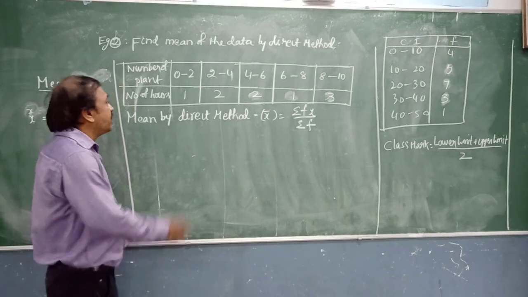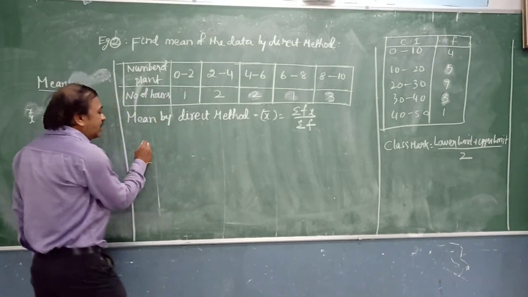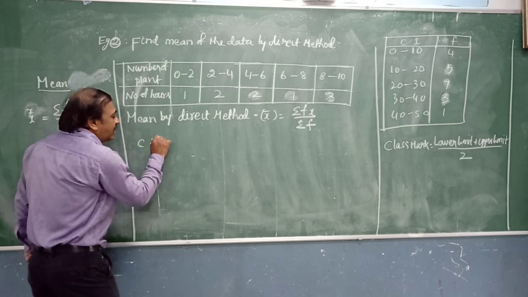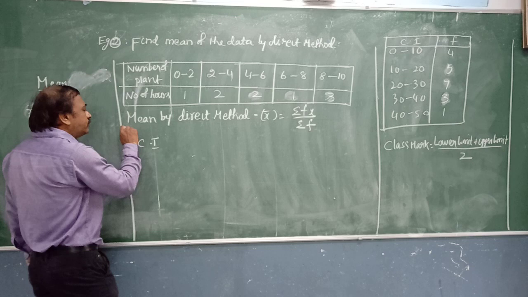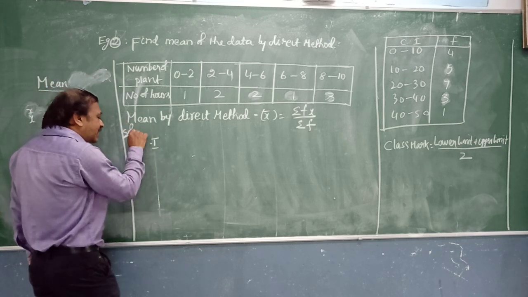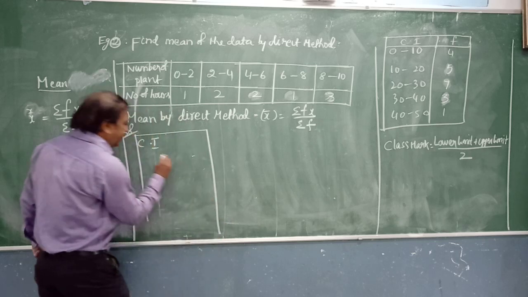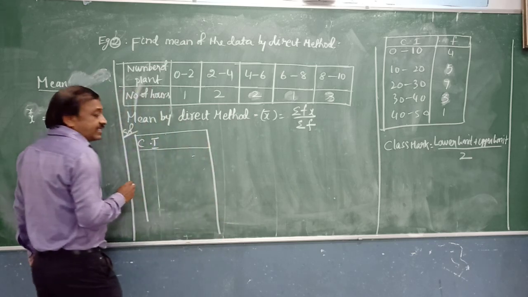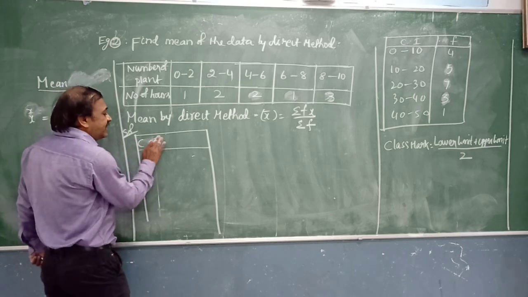That is the formula. So again we will be writing this data. Class intervals, shortly we write class interval as CI.